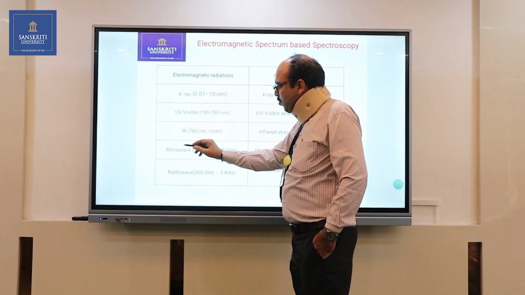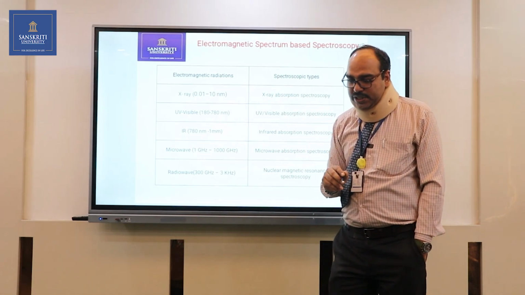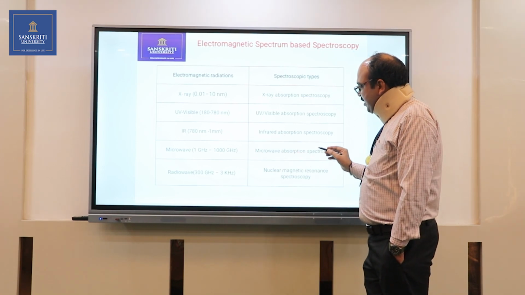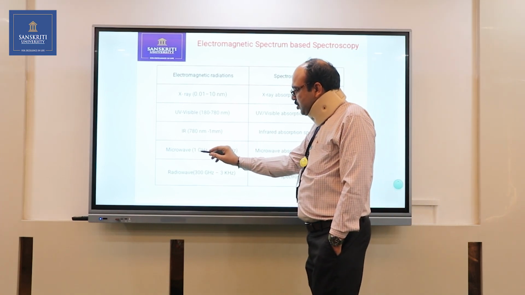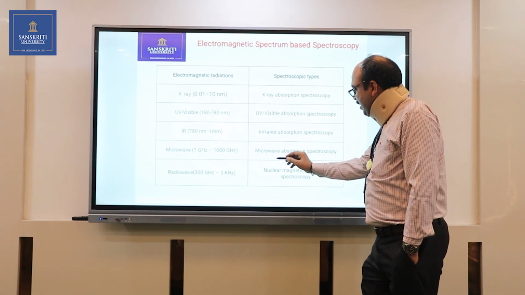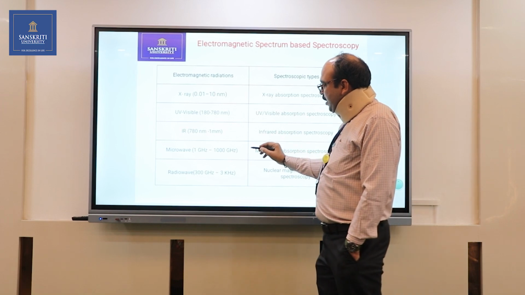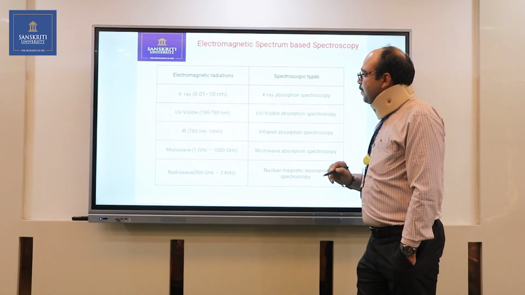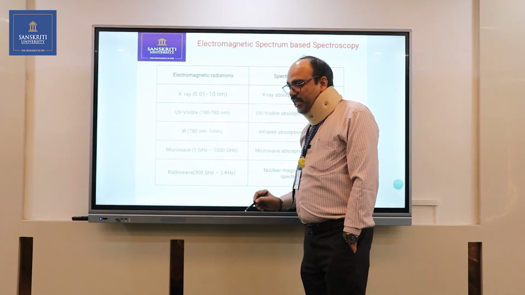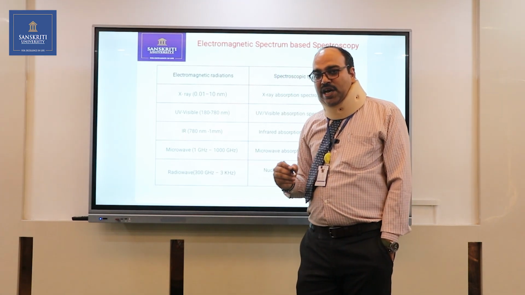Next are the microwaves, which are very important in cooking and also in industries. They have a range of 1 gigahertz to 1000 gigahertz, and they are very important and advanced spectroscopy to study materials. Next are the radio waves, which are used in communications.